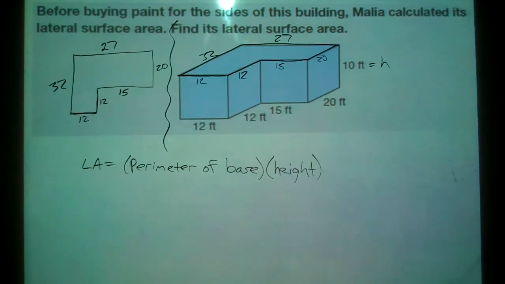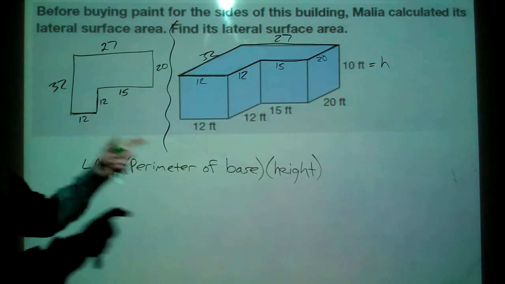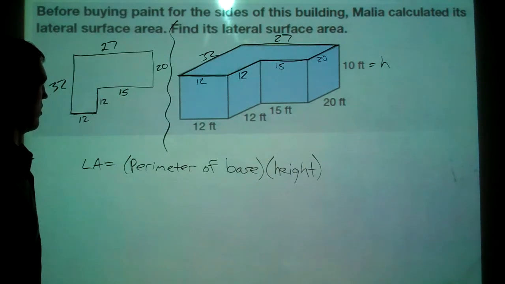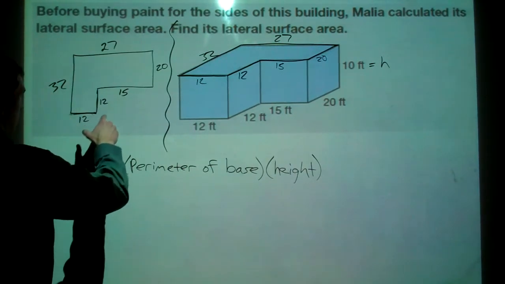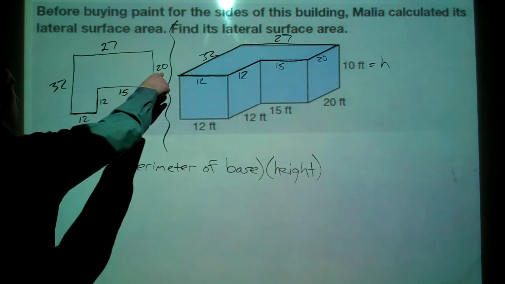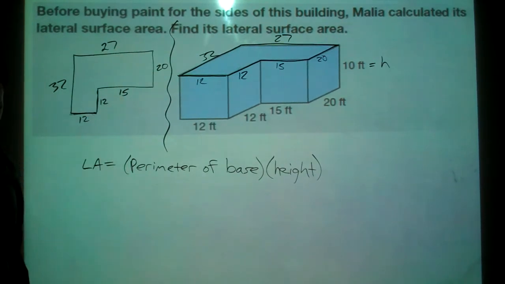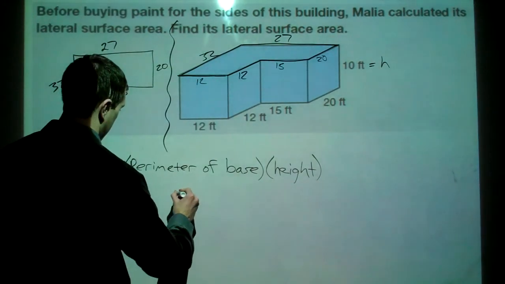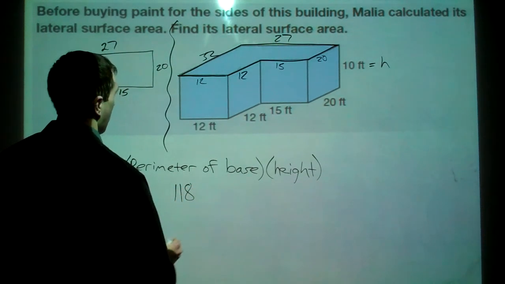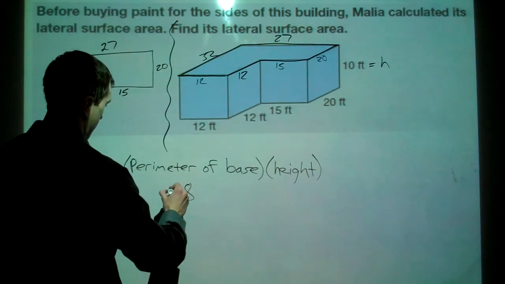It kind of helps us find the perimeter. Now we can add up all of these things. We would do 32 plus 12 plus 12 plus 15 plus 20 plus 27 to figure out the perimeter. And if we add all those up, we should get 118 feet.